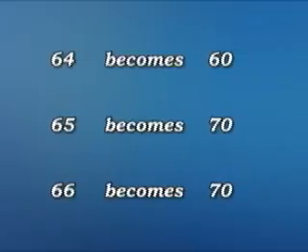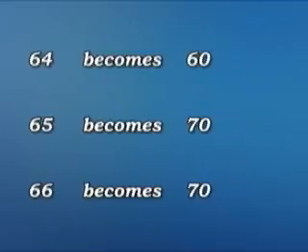Let's have a look at some examples. 64 becomes 60 because 4 is less than half between 60 and 70. 65 becomes 70 because 5 is exactly half of 10. 66 becomes 70 because 6 is more than half of 10.